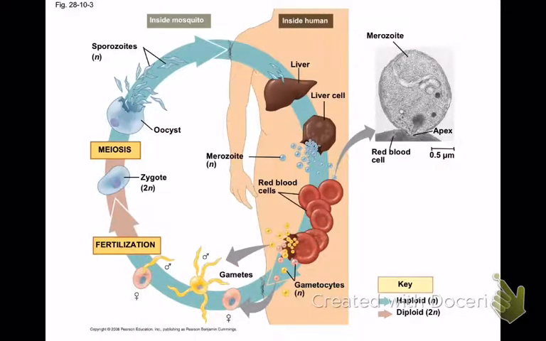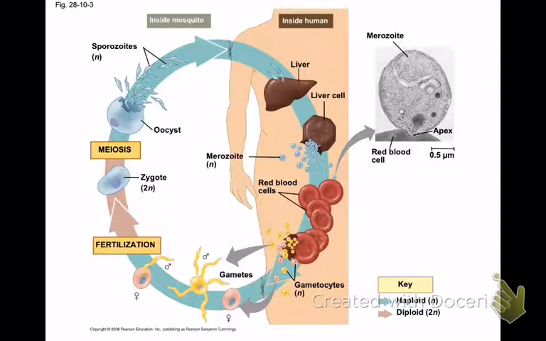So this is the life cycle of Plasmodium. It's the causative agent of malaria. So it is transmitted via a mosquito host. So the mosquito bites an individual, and the parasite enters the bloodstream in the saliva.